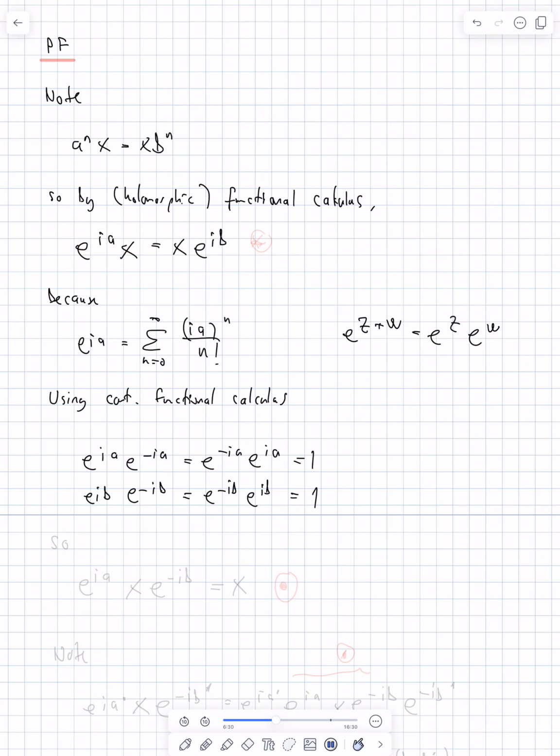So really, maybe a more convenient way of writing this, right? What I found is that e to the iA is invertible, and the inverse is e to the minus iA.